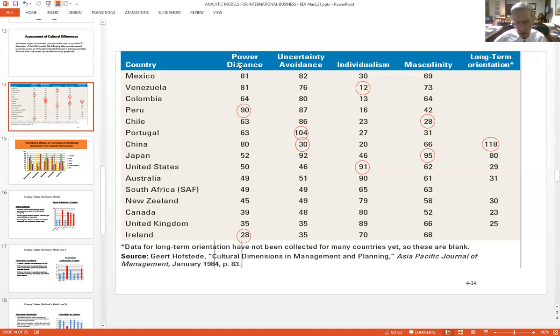Power distance is the extent to which folks at different status levels must keep their distance behaviorally, physically, and otherwise. So in a Latin country, a subordinate can't run right up to a boss or a boss's boss and just start a conversation about business or anything else. They'd be slapped down. It's just not done.